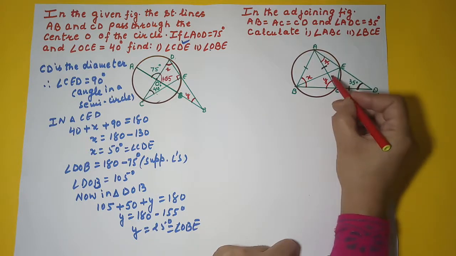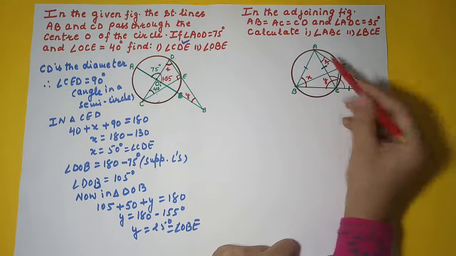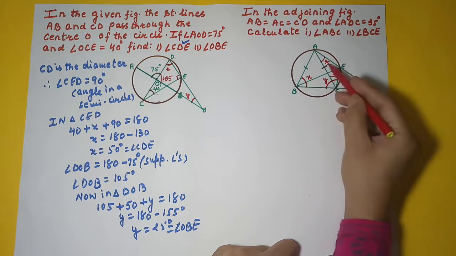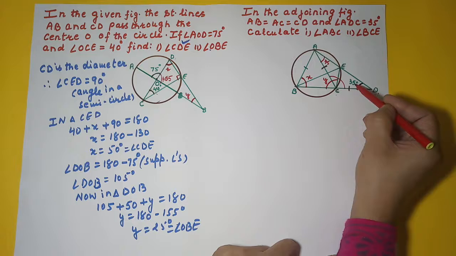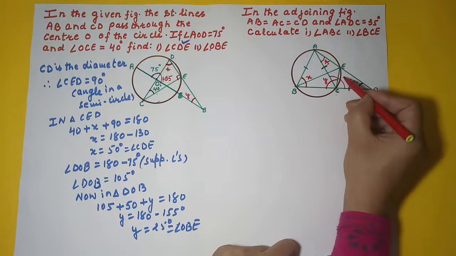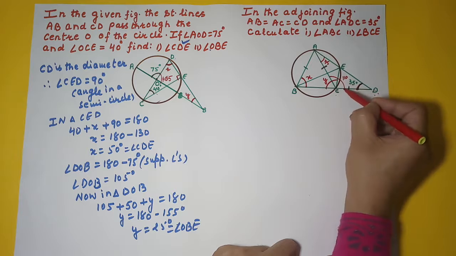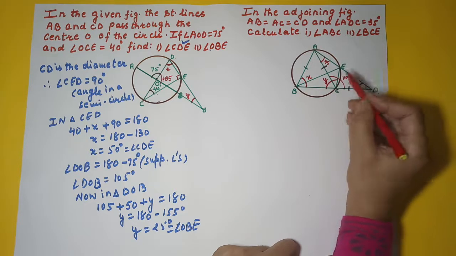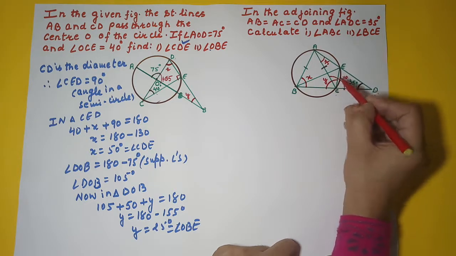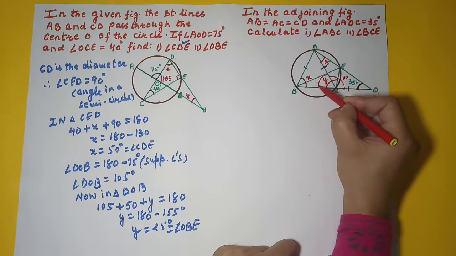So we have found this angle. From that we can calculate this angle of the triangle ACD. So 35 plus 35 is 70. 180 minus 70 is 110. So we have calculated this entire angle, 110. Now, if this is 110, then this angle Y will be 70. Why?